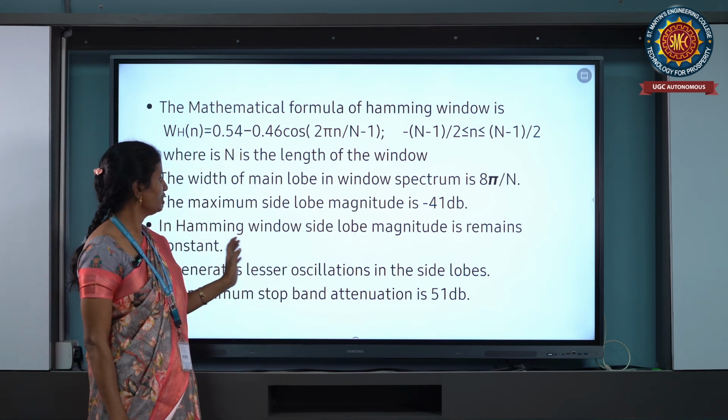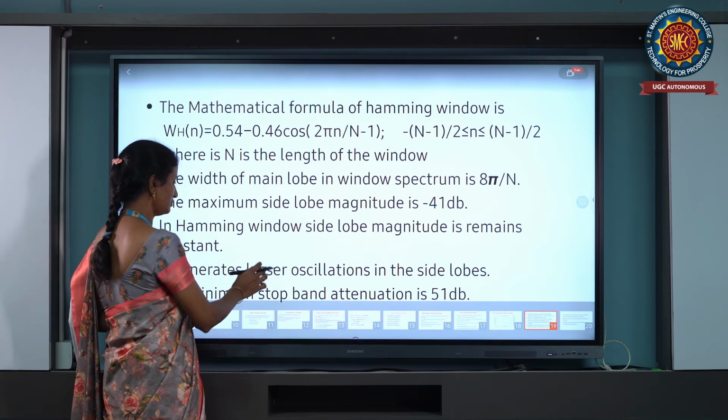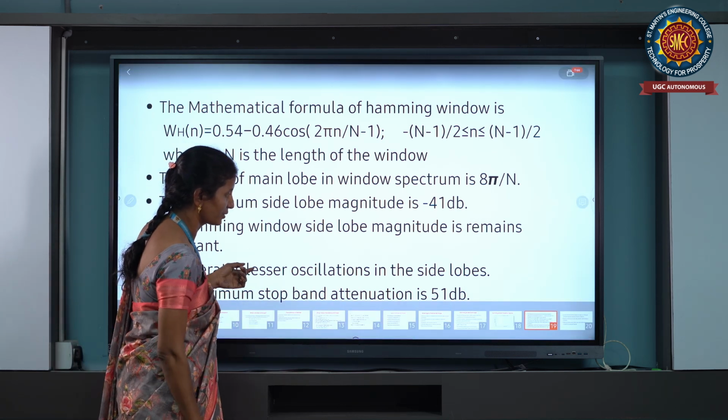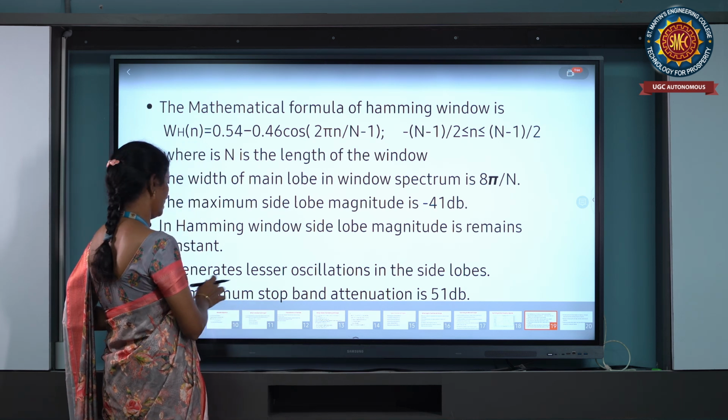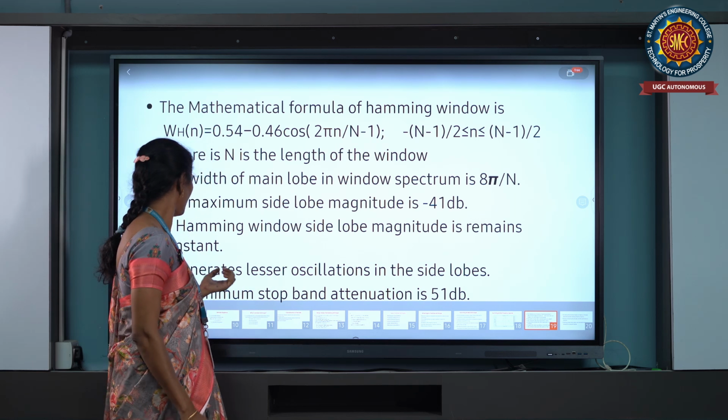The Hamming window side lobe magnitude remains constant, and it generates lesser oscillations in the side lobes.